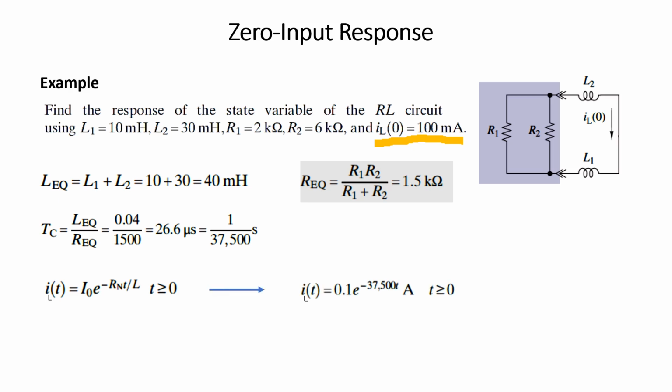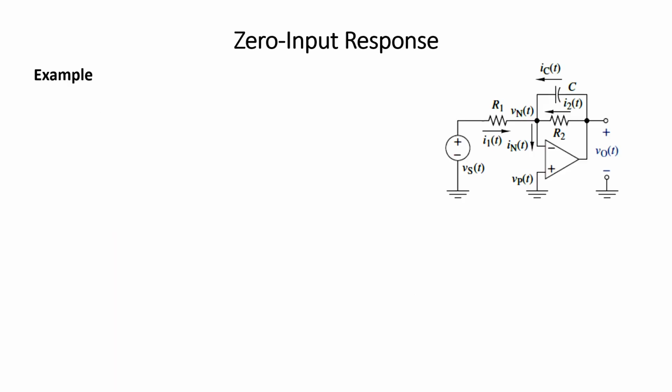Now this is the initial value I naught, mentioned here 0.1, times e to the minus t over tau, and t over tau is shown over here. So we use this t over Tc. Then we can find IR1 as well. If we know the current over here, we can find the other currents. So please verify this. All the calculations you need to verify.